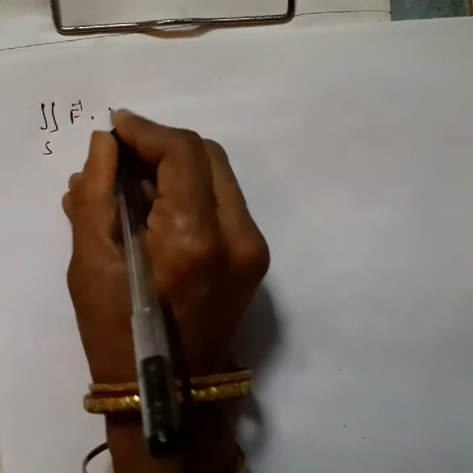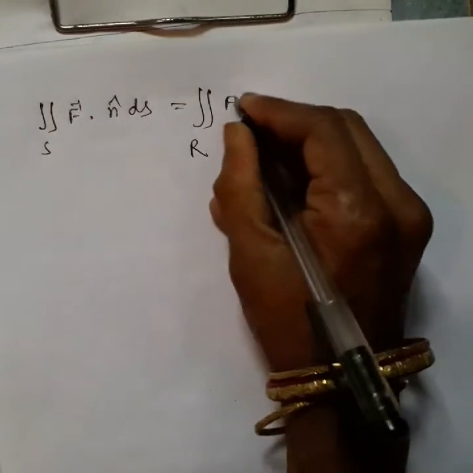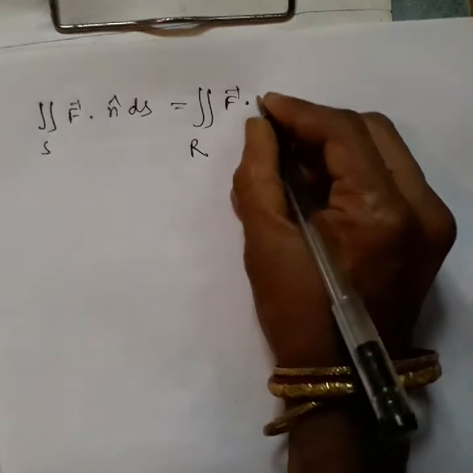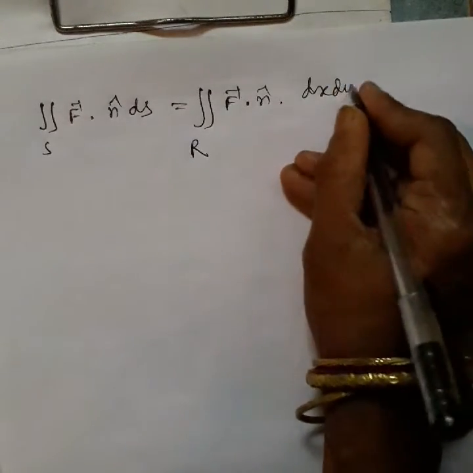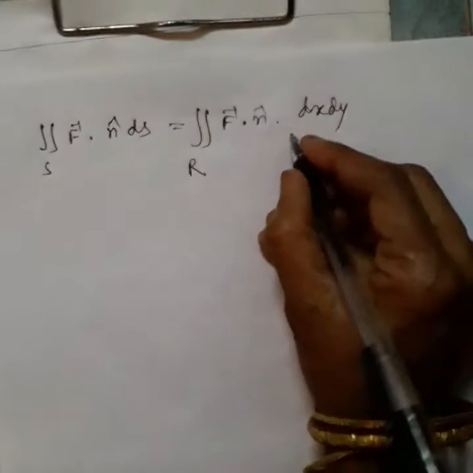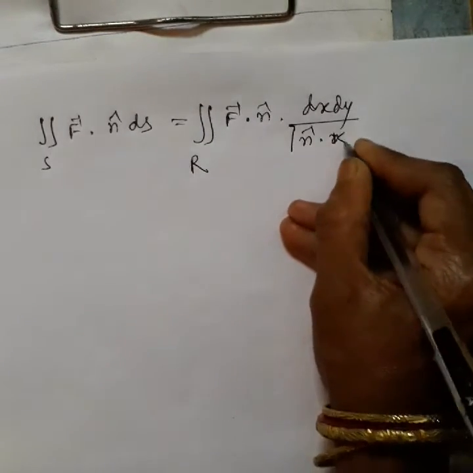So double integration over S F dot n cap dS can be written as double integration over R F dot n cap into dx dy by magnitude of n dot k cap.